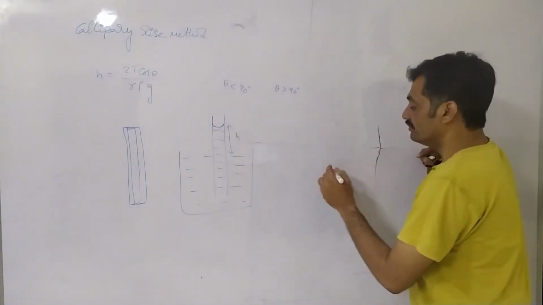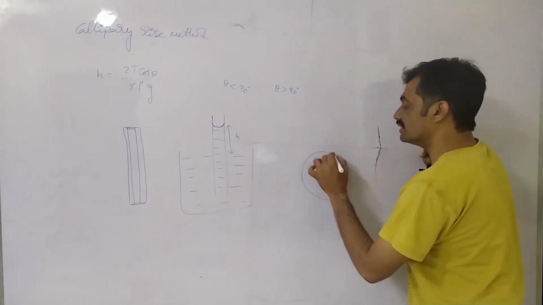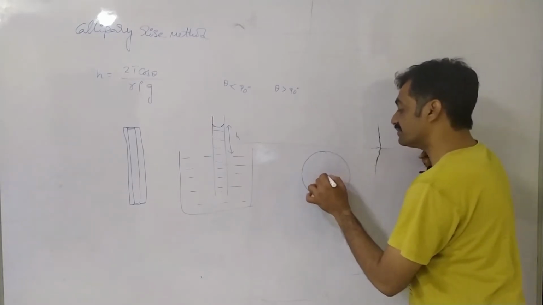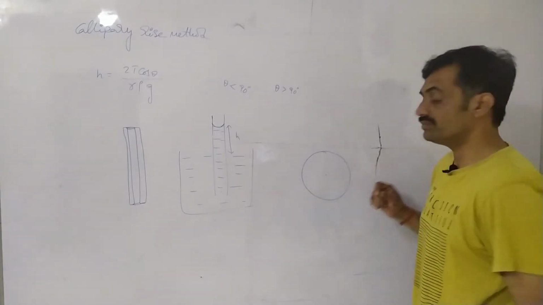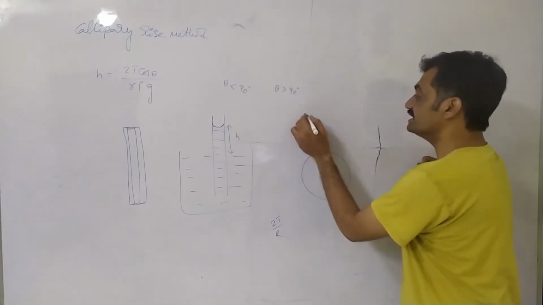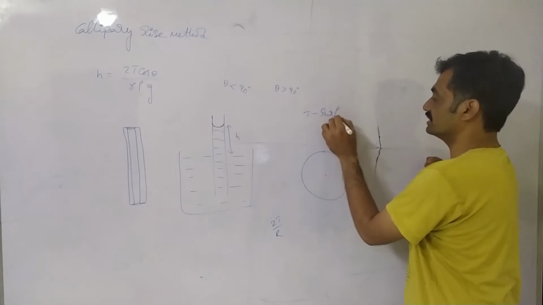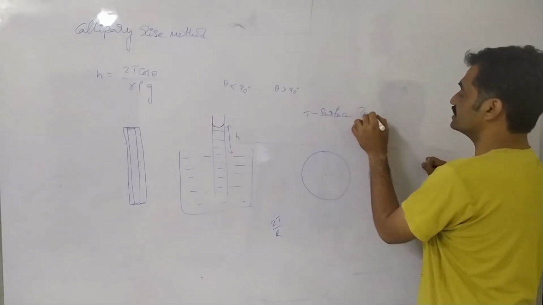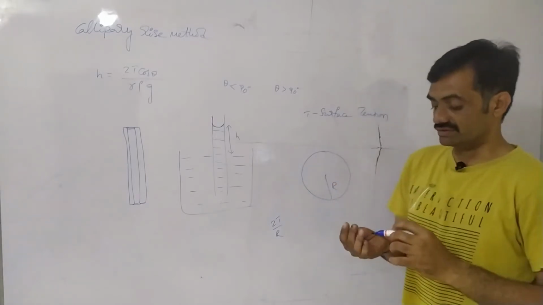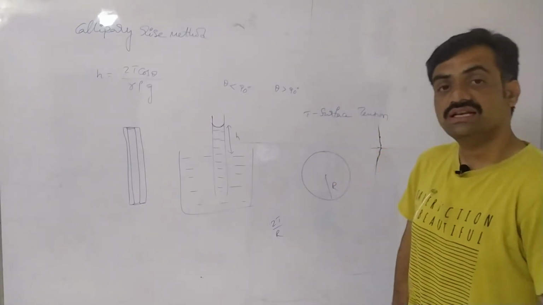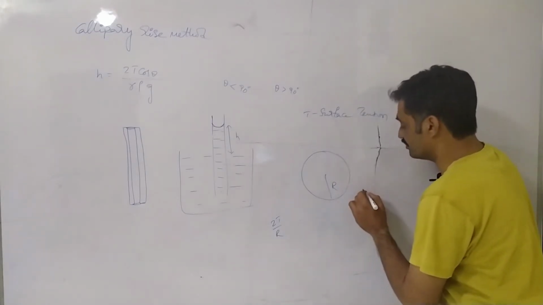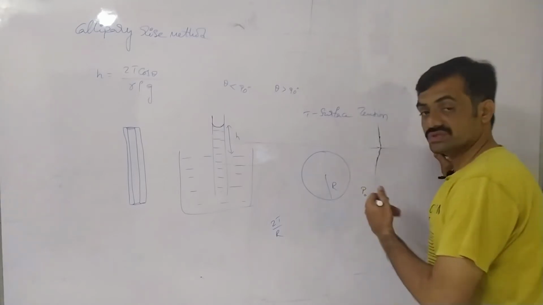When we consider a liquid drop, the excess pressure in the liquid drop is 2T by R, where T is the surface tension and R is the radius of this liquid drop.